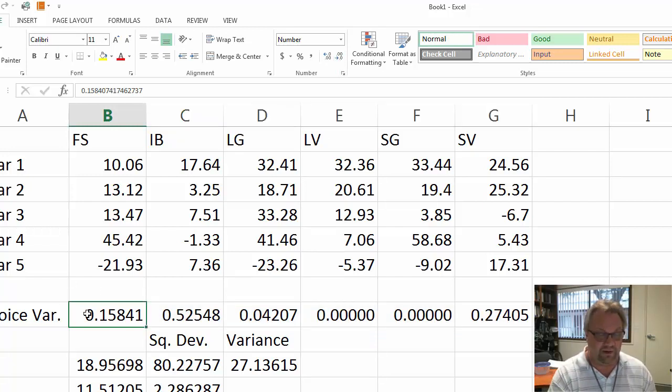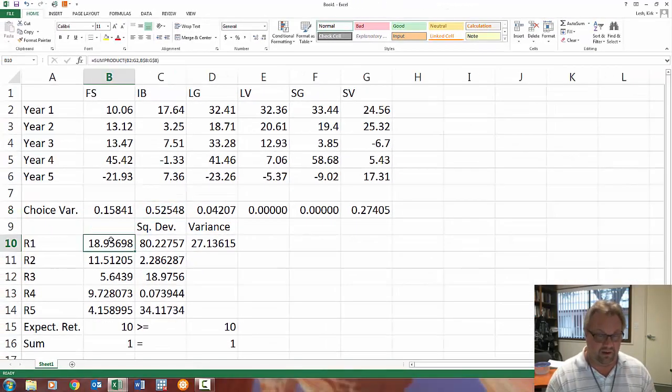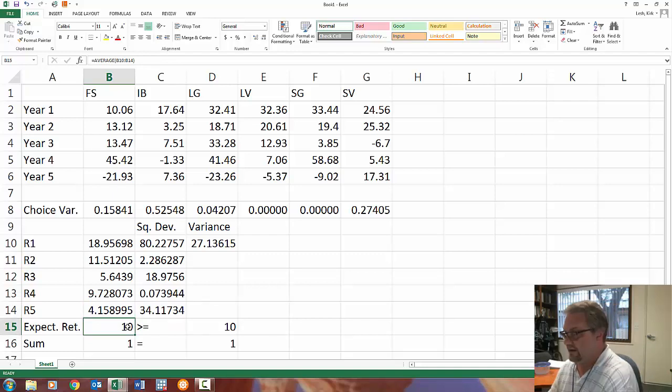Foreign stocks, 15.841. International bonds, 52.548. And then my expected return was equal to 10. Same thing as your author got.